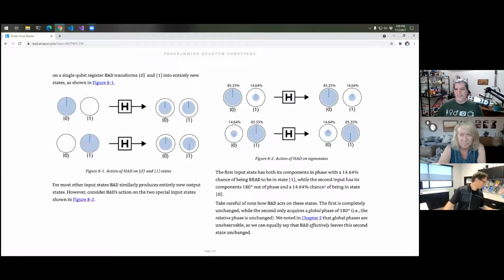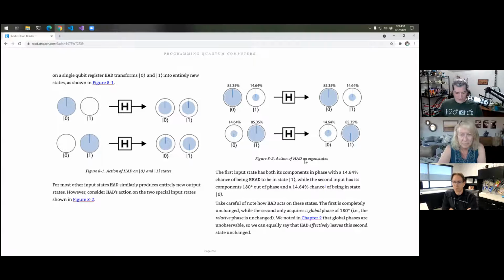And so I find that kind of interesting because it's almost like a balancing point. You know, if I try to measure it, or if I try to change it at this point, it's just going to stay where it is. So it's almost like it's finely balanced.